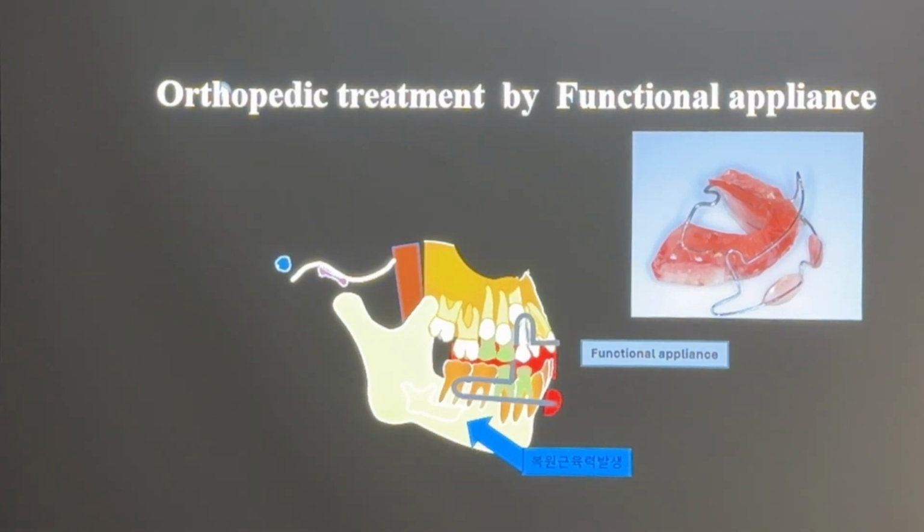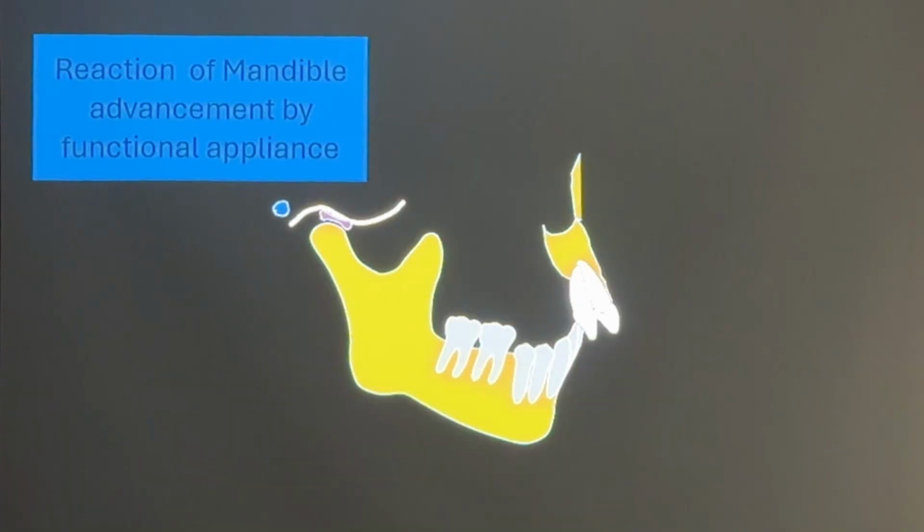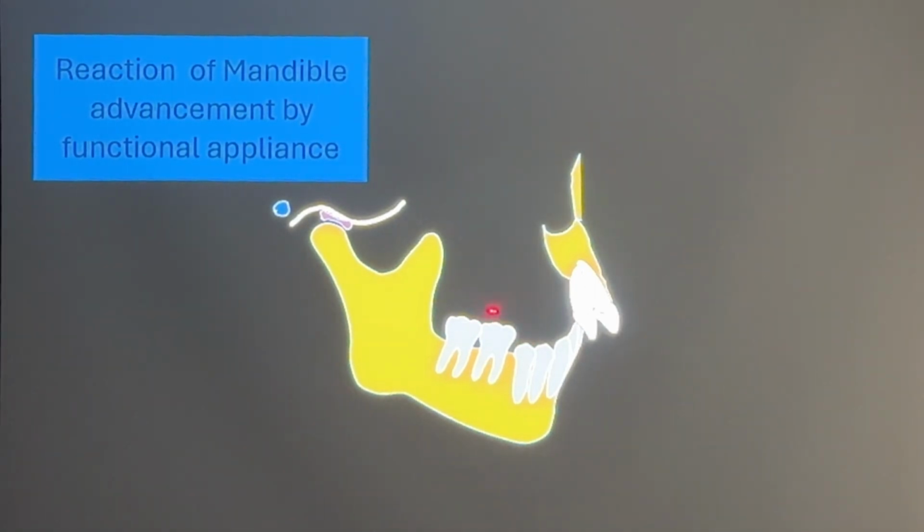Except the cuspid. The cuspid is still erupting, so we need selective grinding for the lower cuspid eruption, just limited. And then let's go to this area: first premolar, second premolar, first molar, sometimes second molar.